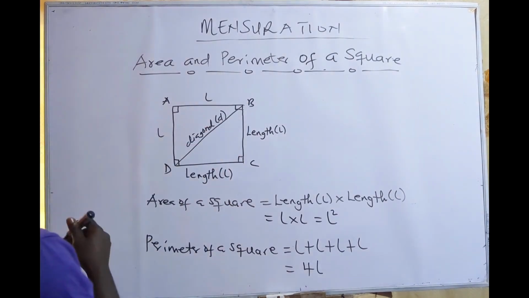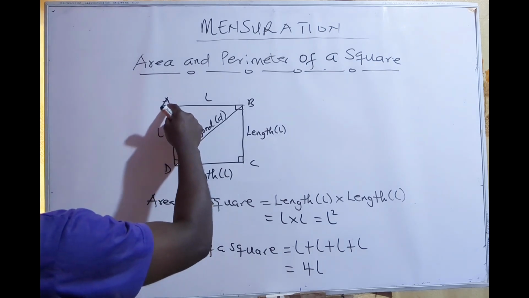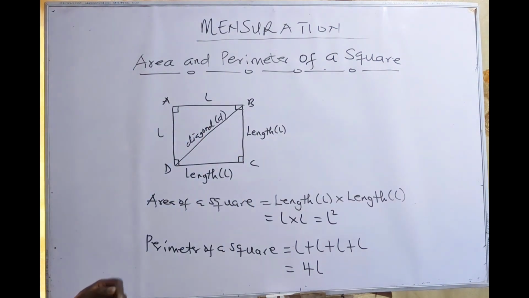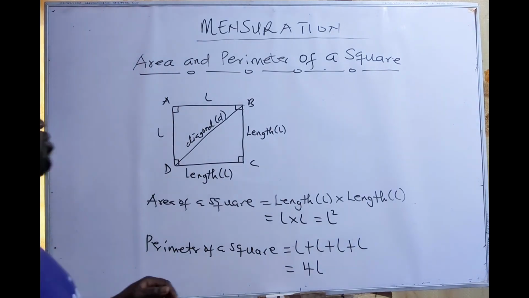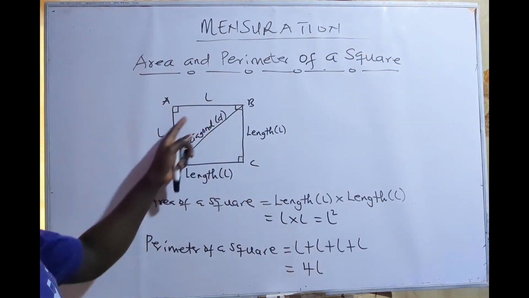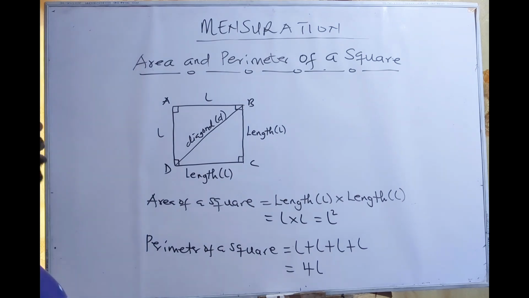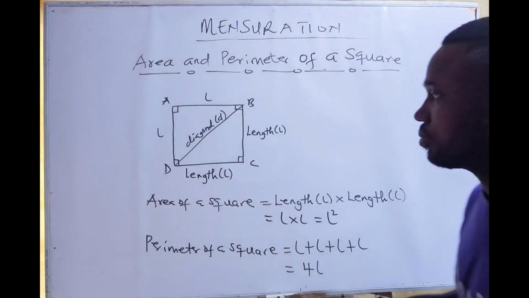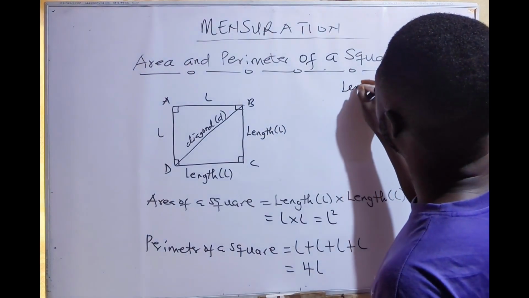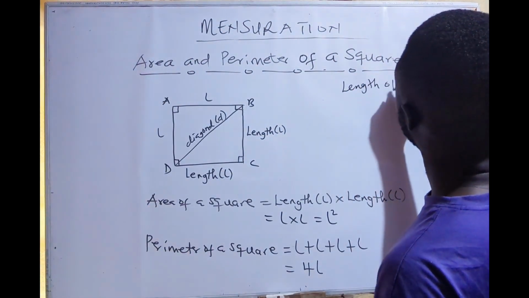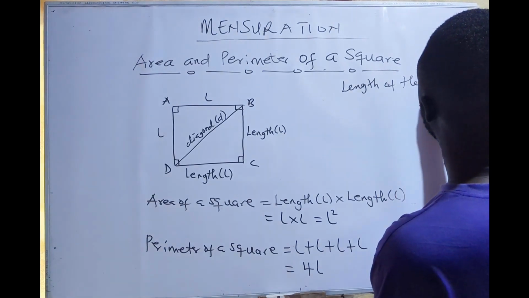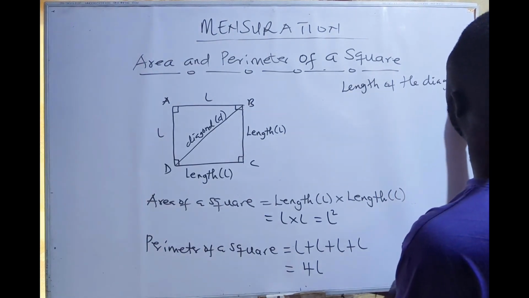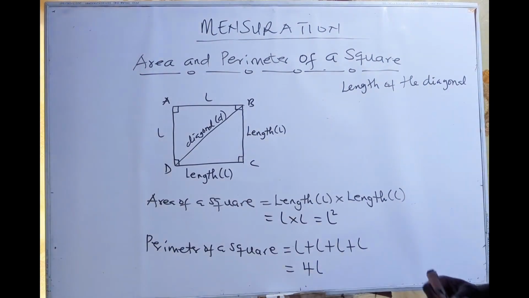So this side is the diagonal, or you can draw from A to C. The diagonal divides the square into 2, because this side is the same as this side. Look at the length of the diagonal.